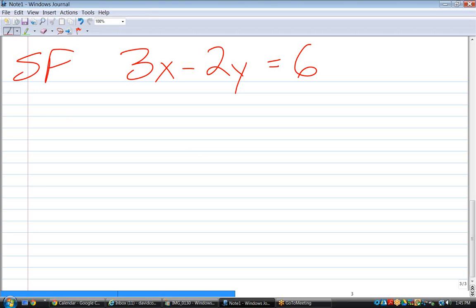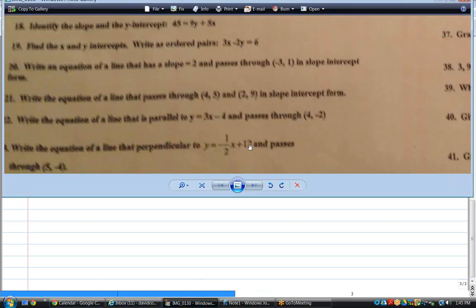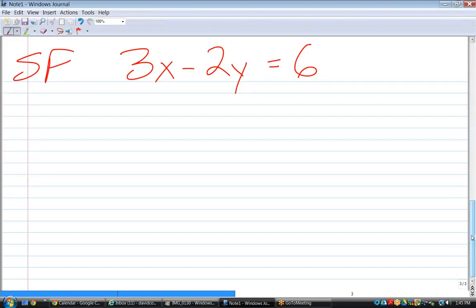Yeah, I mean, sometimes you need to put it into slope-intercept format, but sometimes you don't. Most of the time you do. In other words, if we look at all these questions on here, this one's in slope-intercept format. That one is not. That one is not. So it kind of depends on what you need to know.